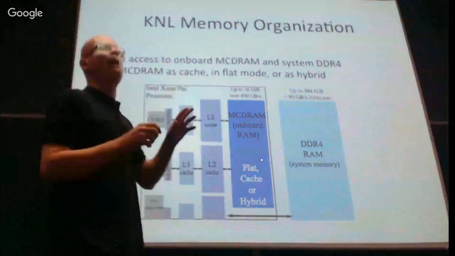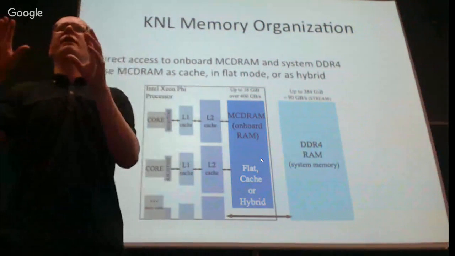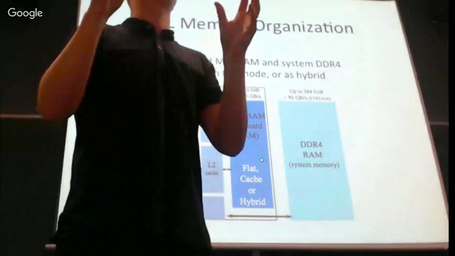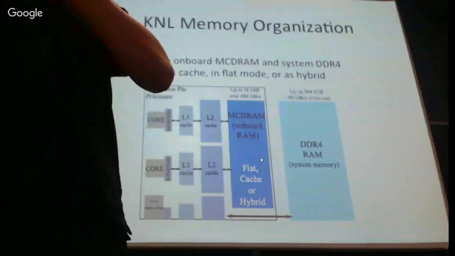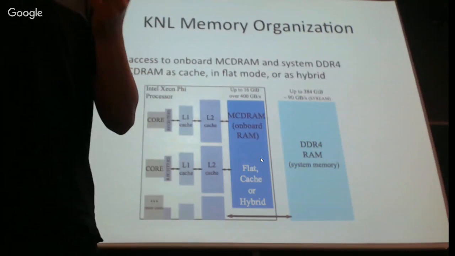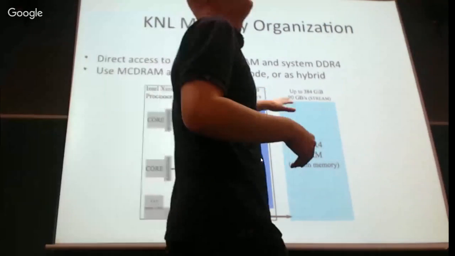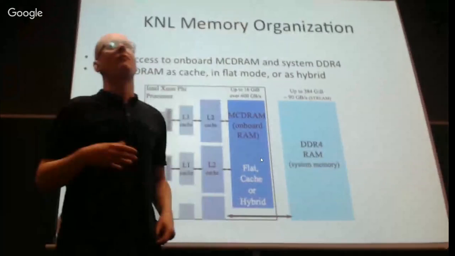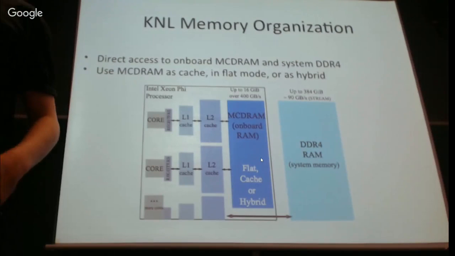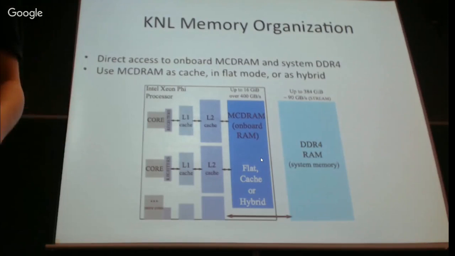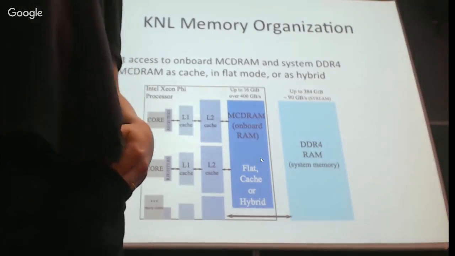Cache mode is, again, something that you configure at boot up time by way of the BIOS. What that means is that your MCDRAM is used as an extra cache level, so it actually turns into a last level cache. You can benefit from that, there's no doubt about it. Intel are quite happy so far with what they've seen in terms of some of the large-scale community codes that they've benchmarked in cache mode.